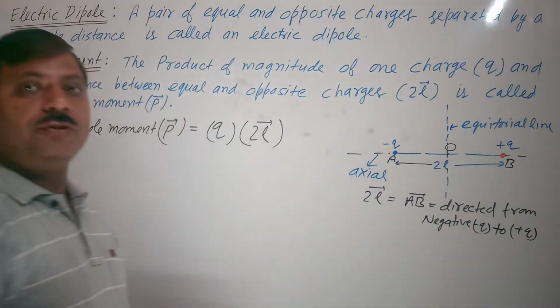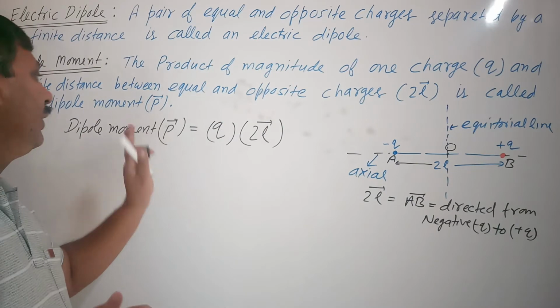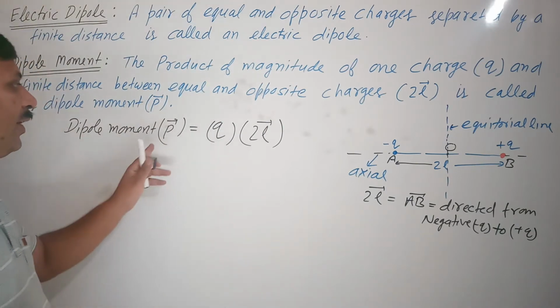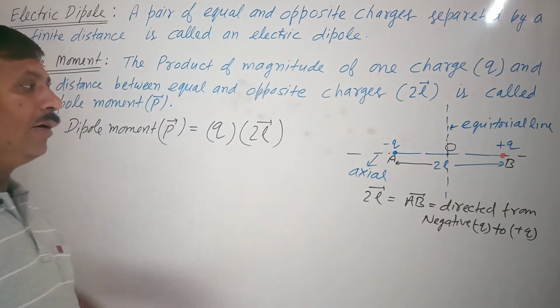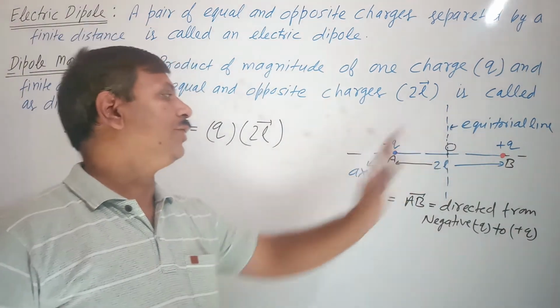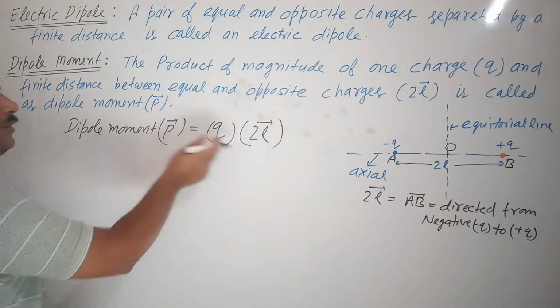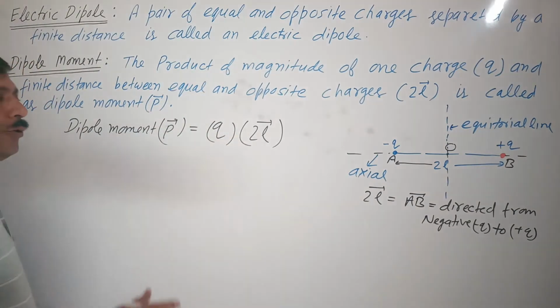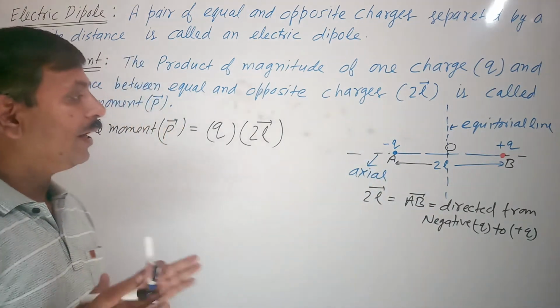So the negative to positive charge will be the direction of the dipole moment. You can see here the direction of the dipole moment will be along AB, meaning negative charge to positive charge, and the magnitude of the dipole moment is q into the distance between the two charges, which I have taken as 2l.